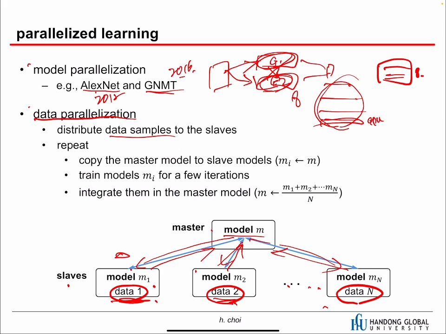And then we copy this one again to all the slaves, and then we update the models in the slaves, and then we integrate again. So we repeat this process. This is the basic idea of data parallelization. When you have many GPUs with many servers, then this could be quite efficient.